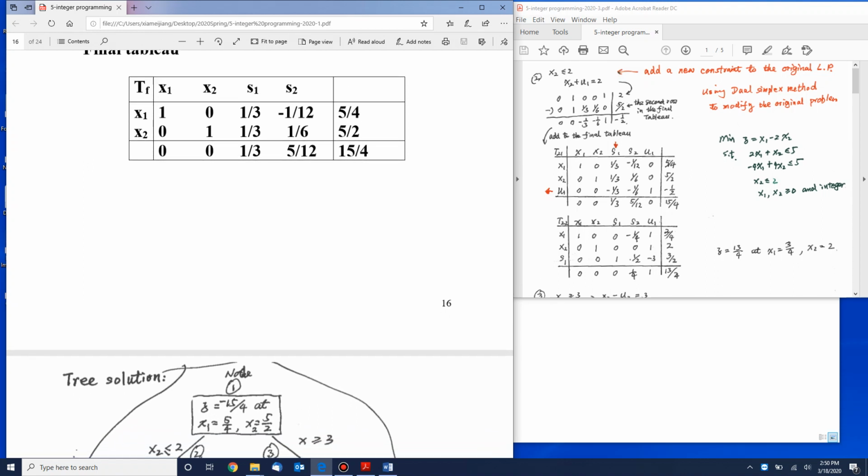This is the start of the tree, which we call node 1. Node 1 is the solution from the final tableau: Z equals minus 15/4, with x1 equals 5/4 and x2 equals 5/2.